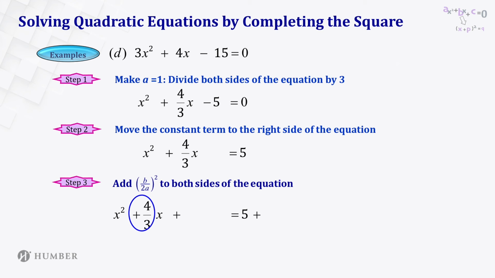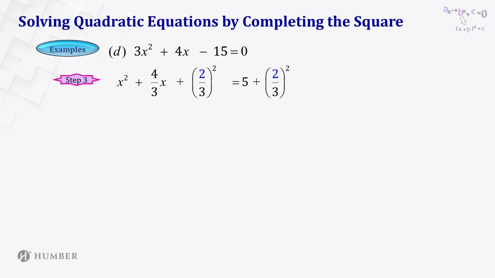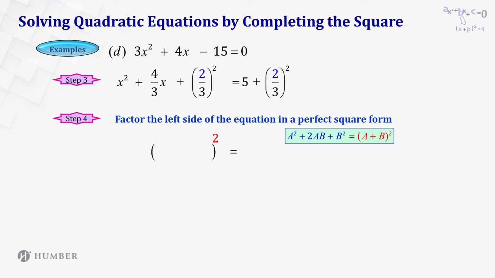Take half of 4/3, square it, and add that to both sides of the equation. That is, we are adding 4/9 to both sides of the equation. Step 4. Factor the left side as a perfect square form.